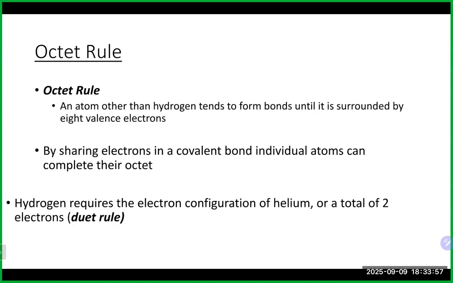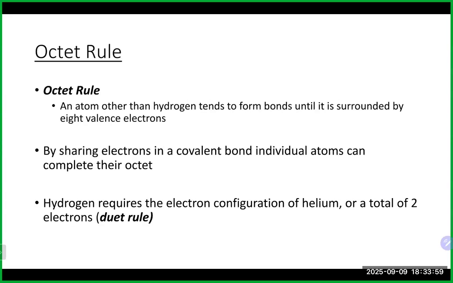So that does bring us to the important rules of bonding, which we've basically been talking about. Officially speaking, the octet rule is essentially the bonding that we do. The octet rule basically says that except for hydrogen, everybody will continue to make bonds until it has 8 valence electrons around it. And again, the goal of that, as we've been talking about, gets us to the noble gas configuration.